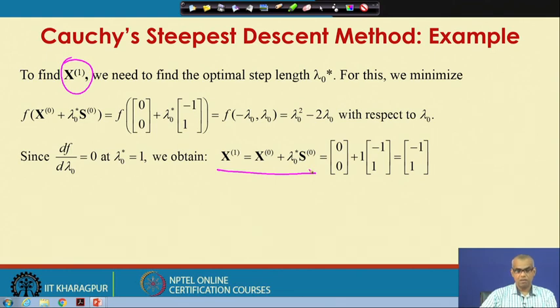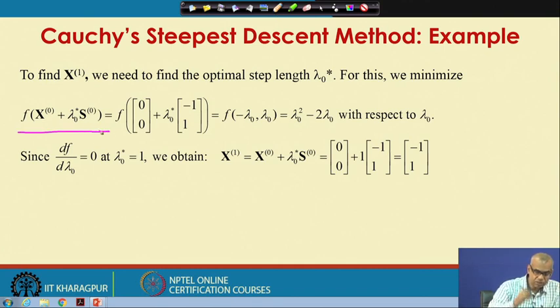That alpha, which is the step length, has to be found out, and we need to find out the optimal step length. We call the step length lambda. The optimal step length, let us call lambda 0 star. What we do is, we have to minimize the function f of x 0 plus lambda 0 star s 0.